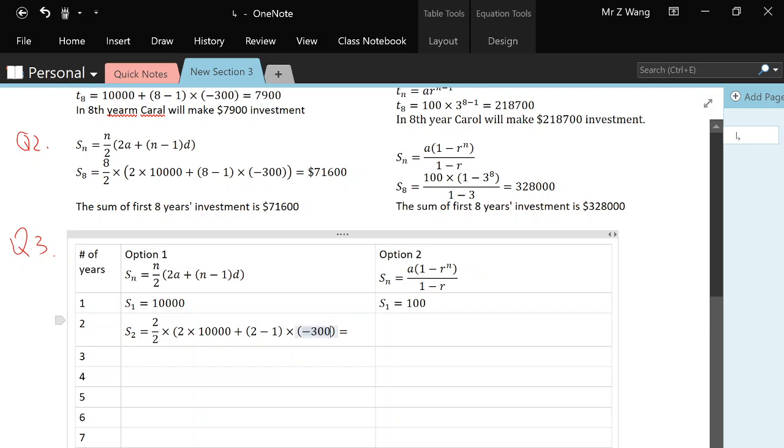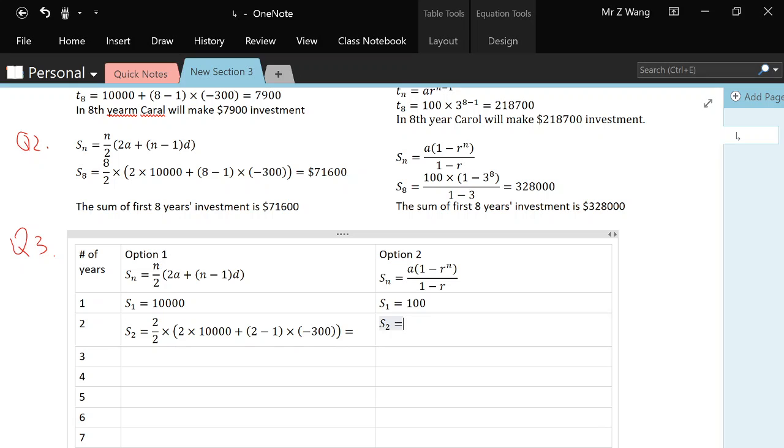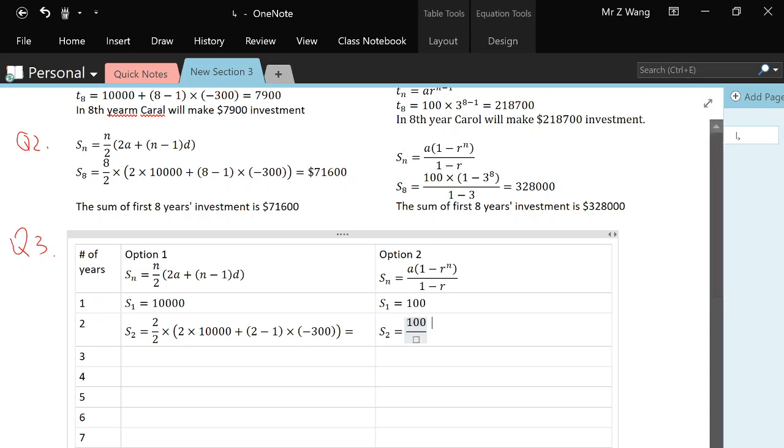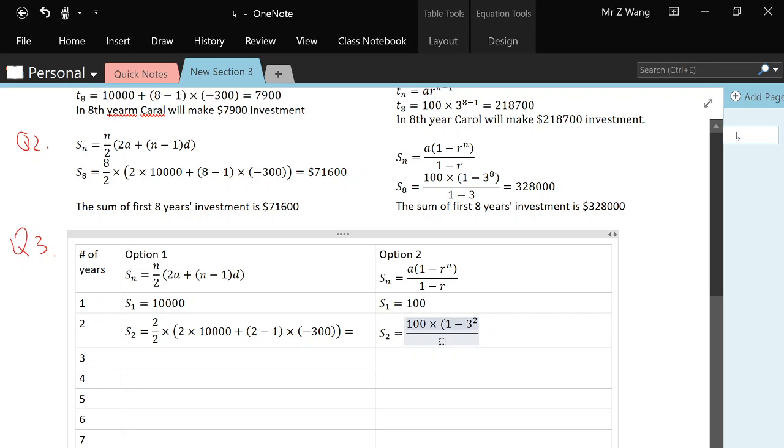Okay, so it's a very long formula. Now this S2 equals, A is 100, 1 minus ratio to the power of 2 divided by 1 minus 3.